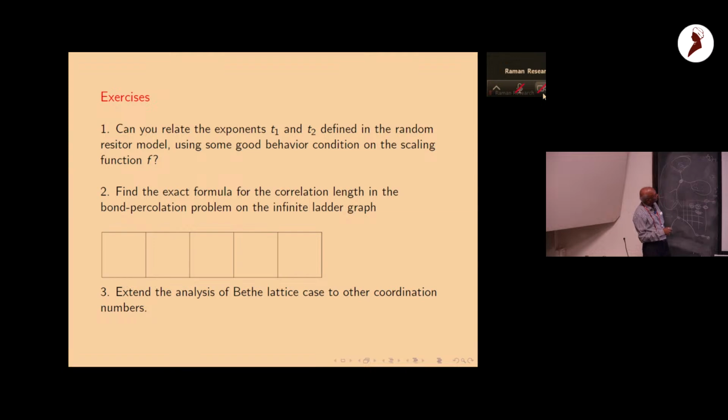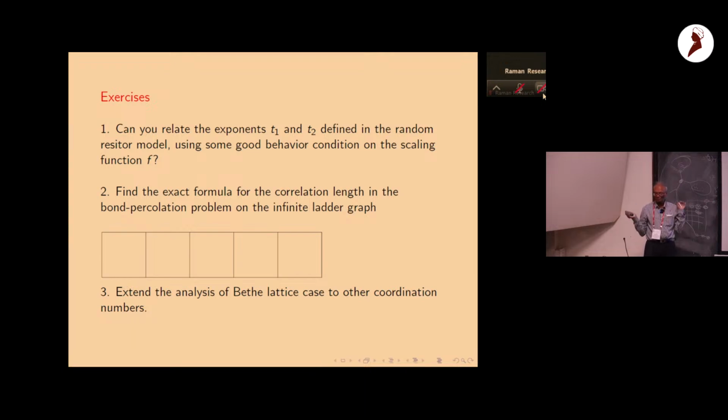It says, can you relate the exponents t1 and t2 defined in the random resistor model using some good behavior conditions on the scaling function f? I already mentioned this, but I'm just saying. So here it says, suppose you have a ladder graph like this, and I define the bond percolation problem on this ladder graph.